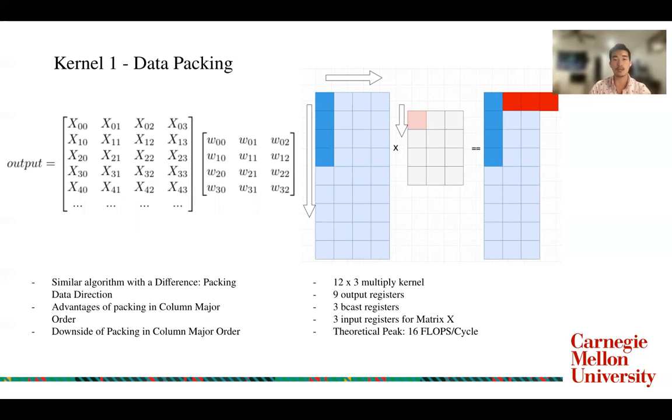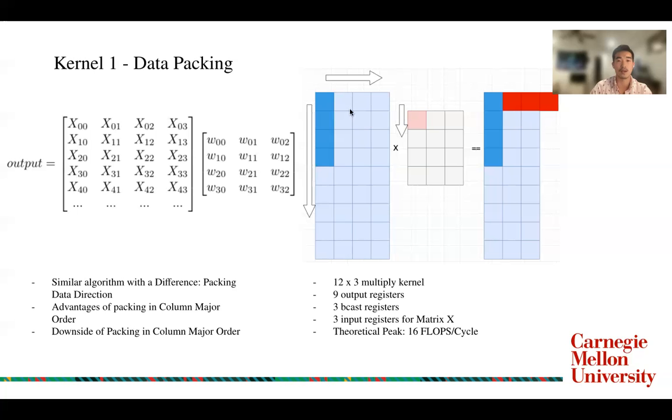The key to this implementation is that we have to pack in column major order, not row major order. The reason is that row major order brings out one crucial problem, as we can see with the red dots over here: additional factors cannot be mapped within the result.